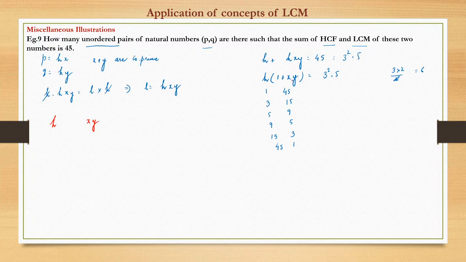If H is 1, what could be the value of xy? xy can be 45 minus 1, which is 44. Then xy can be 14, xy can be 8, xy can be 4, xy can be 2, xy can be 0. xy cannot be 0 because these are natural numbers, right? The rest are possible cases. So let us see all the cases, and how to get the count now.